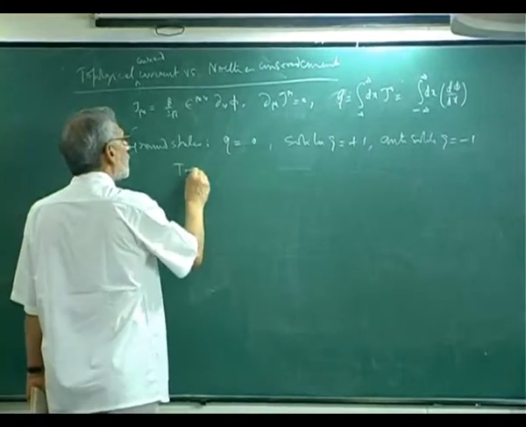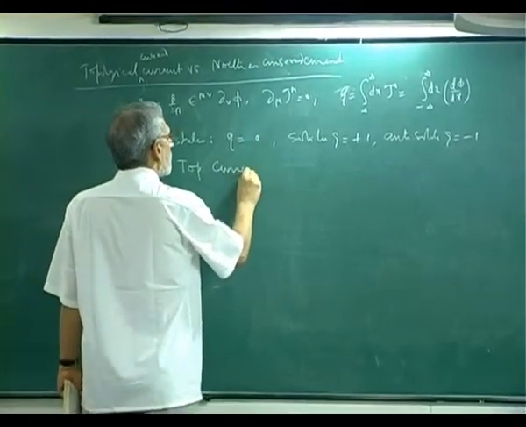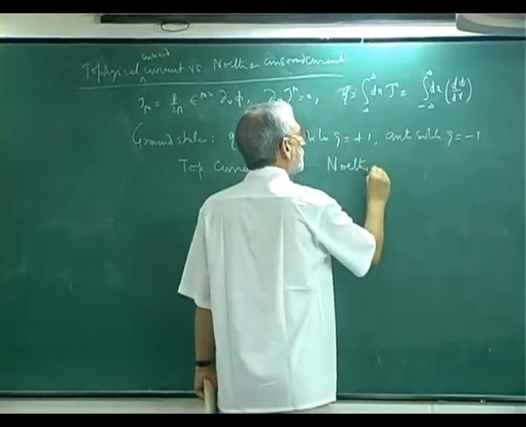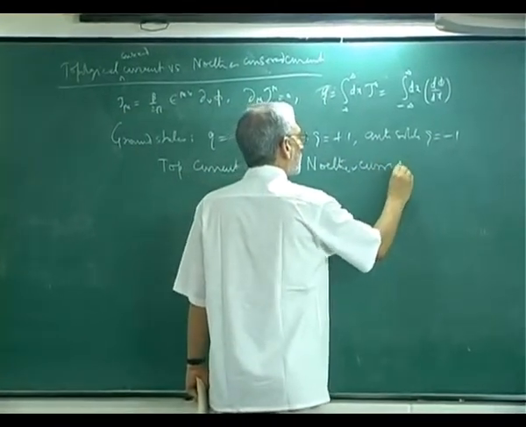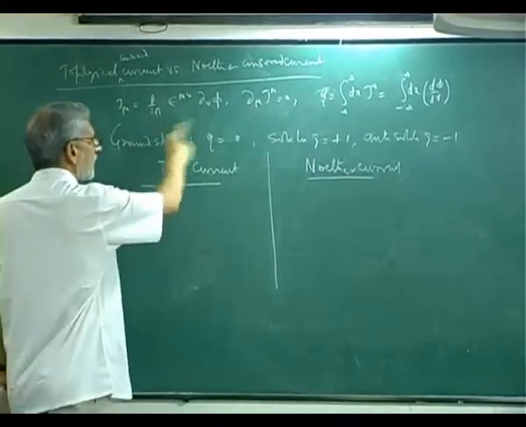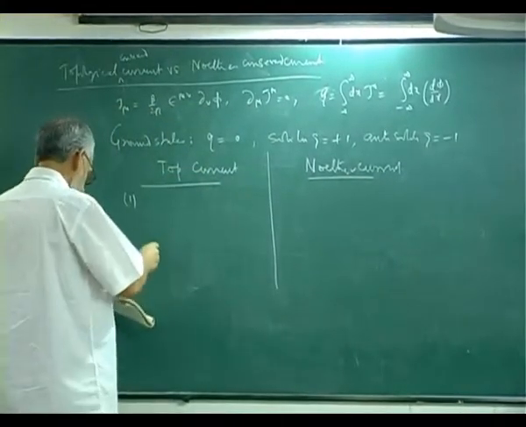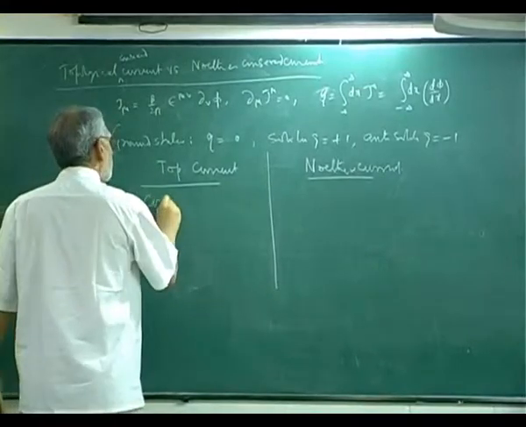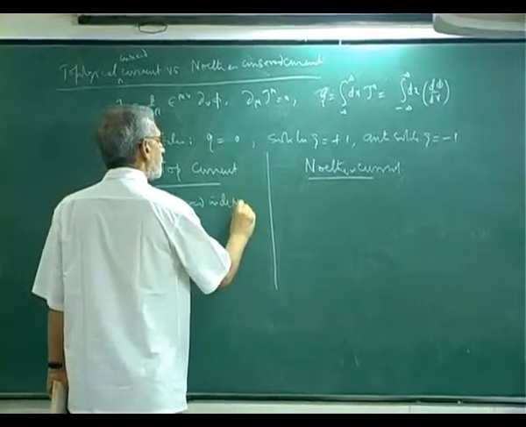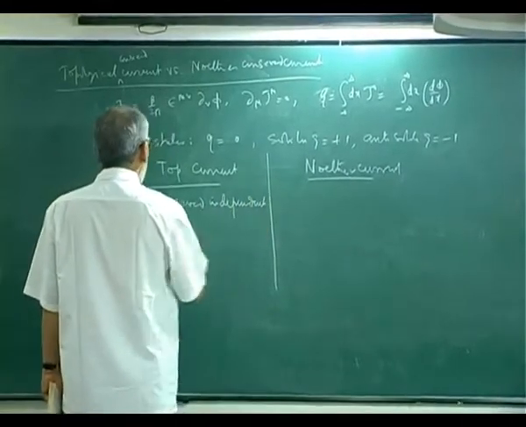Now if I draw two columns, topological current and Noether current, then topological currents have the property that they are conserved independent of equations of motion.